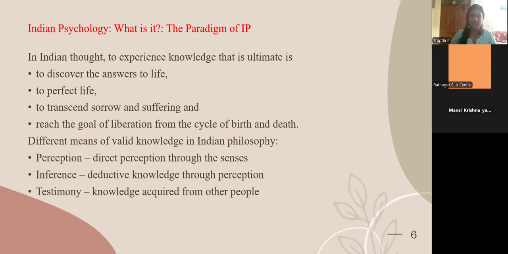According to this paradigm of life, it is about the life that you currently live, how to perfect that, to transcend sorrow and suffering, to reach the goal of liberation.